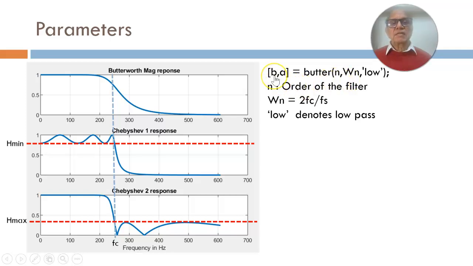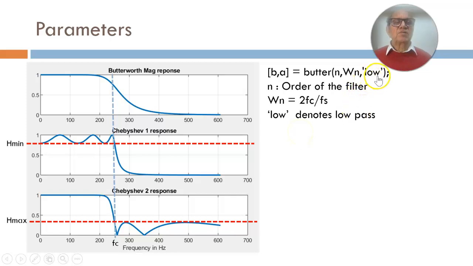So it returns the coefficients B and it also returns all the coefficients in the A array. Butter is the name of the filter, Butterworth response. N is the order of the filter. Wn is the normalized frequency, that is 2fc upon fs, and this can be low or band pass or high pass, etc. So since in this session we are talking about low pass filter, although we will not be discussing band pass, etc., all the concepts that we are studying here are applicable to all other filters as well.